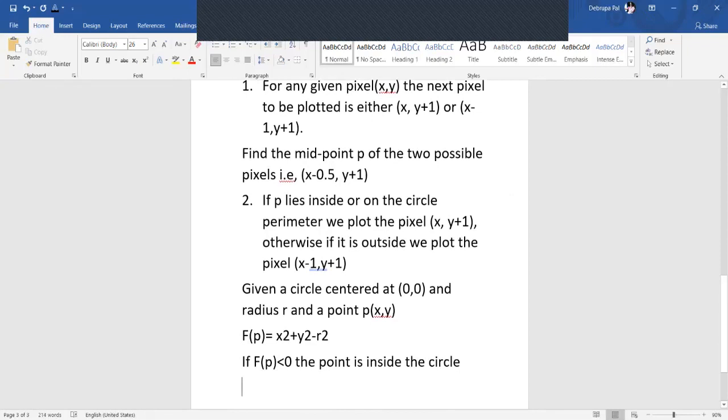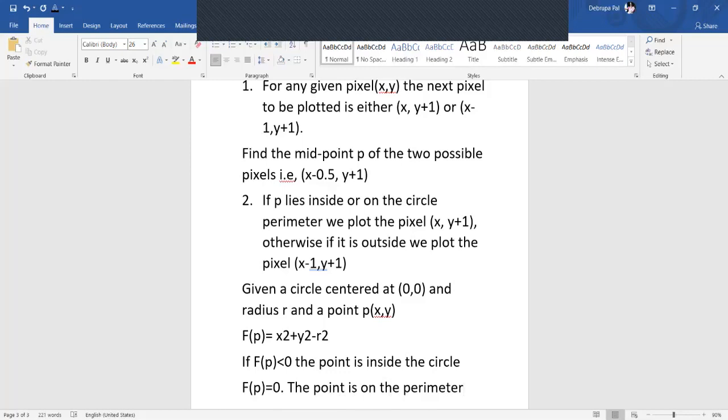Again, if f of P is equal to 0, the point is on the perimeter.